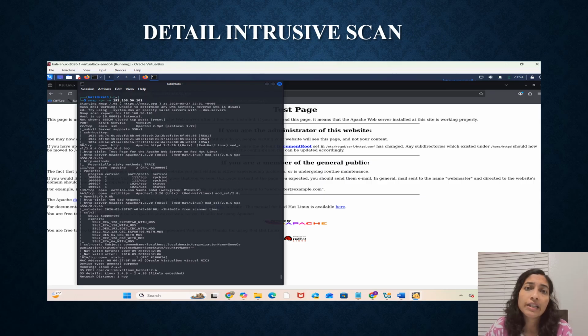For example, the scan shows that the system is running HTTP on Apache, and I also see RPC bind on port 111, which is common on older Linux systems. All of this gives a clear picture of what services are active and what versions they're running.